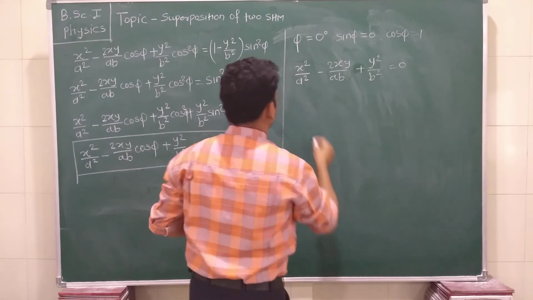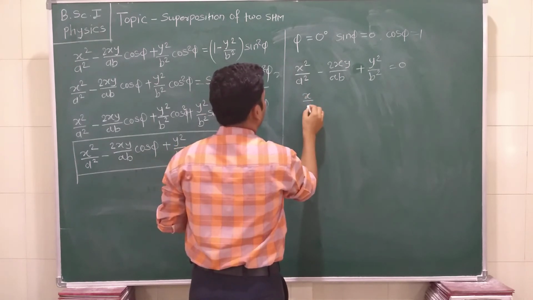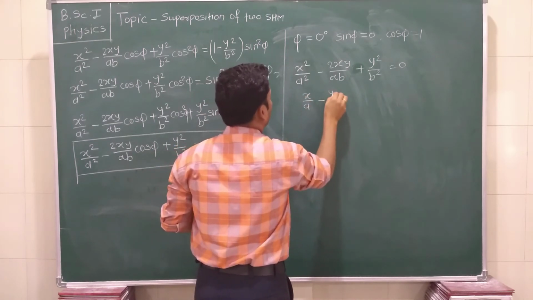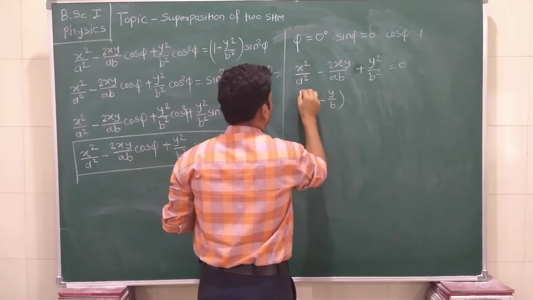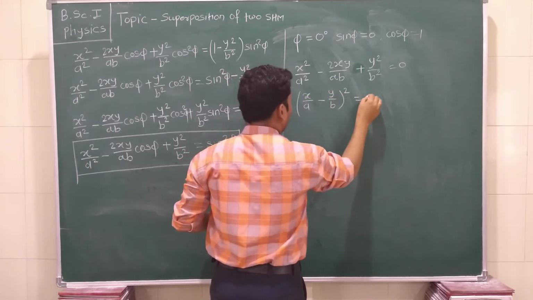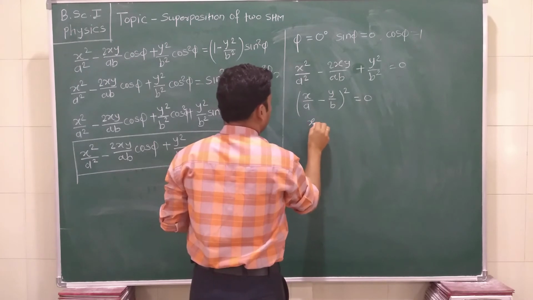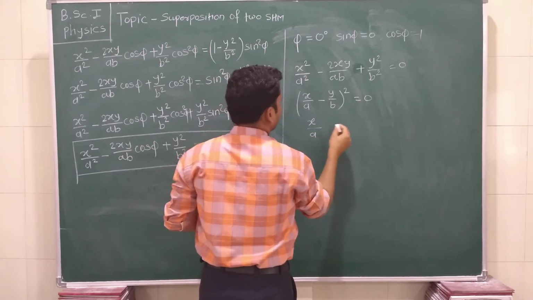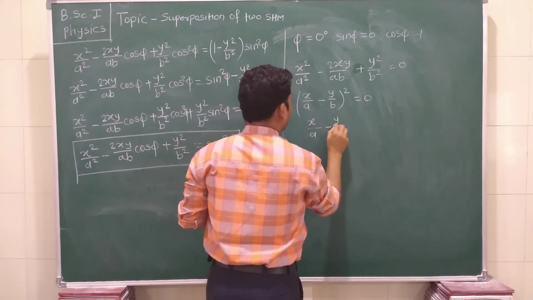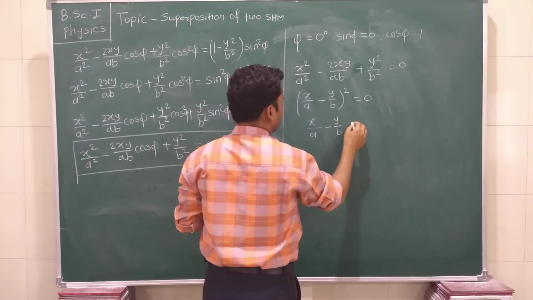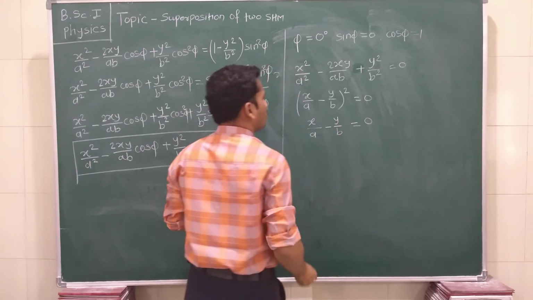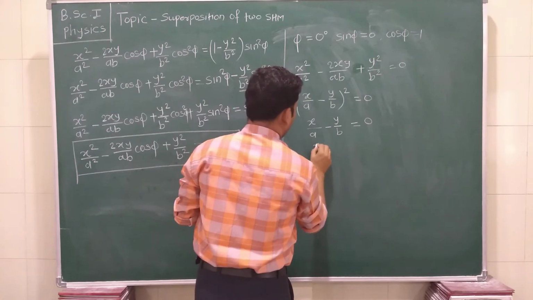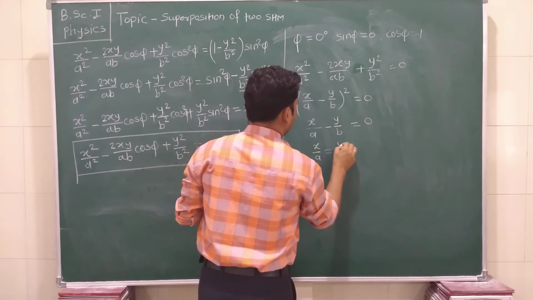So this is the square of the term (x/a − y/b). Its square is equal to 0. Therefore x/a − y/b is also equal to 0. So we can write x/a is equal to y/b.